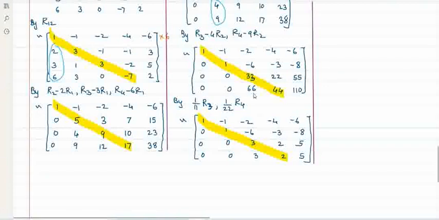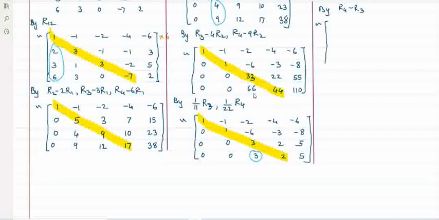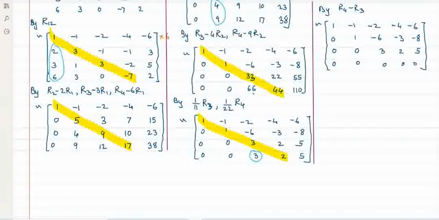Our target is to reduce this element to 0, and both rows are identically the same. Therefore, R4 minus R3. So the new equivalent matrix where the first 3 rows have no change: 1, minus 1, minus 2, minus 4, minus 6; 0, 1, minus 6, minus 3, minus 8; 0, 0, 3, 2, 5; and the fourth row is identically 0.